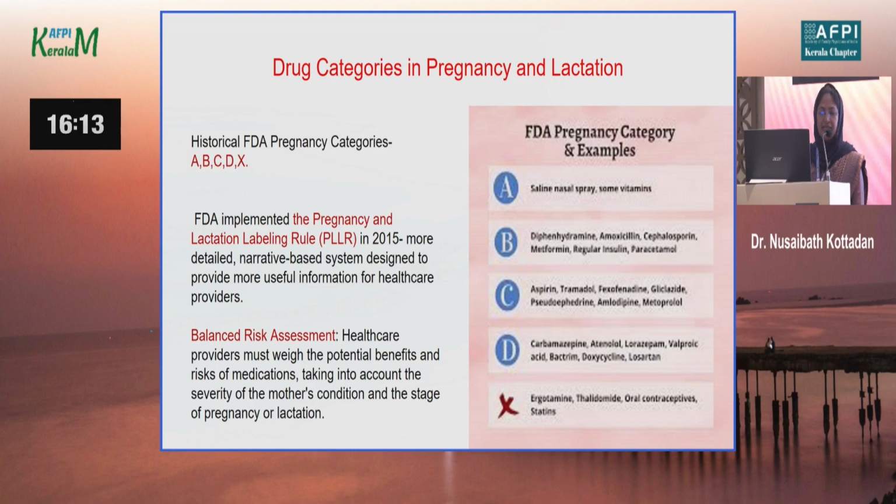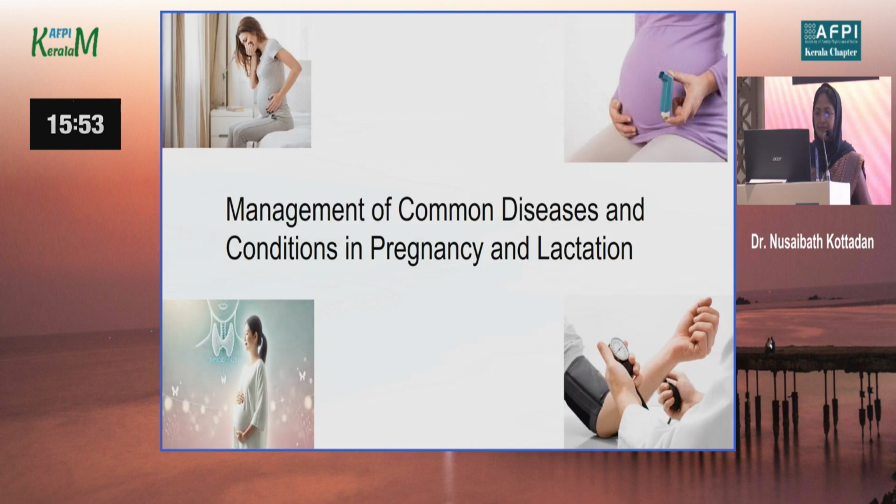It is a more detailed, narrative-based system designed to provide more useful information for healthcare providers. Balanced risk assessment: healthcare providers must weigh the potential benefit and risk of the medications, taking into account the severity of the mother's condition and the stage of pregnancy or lactation.